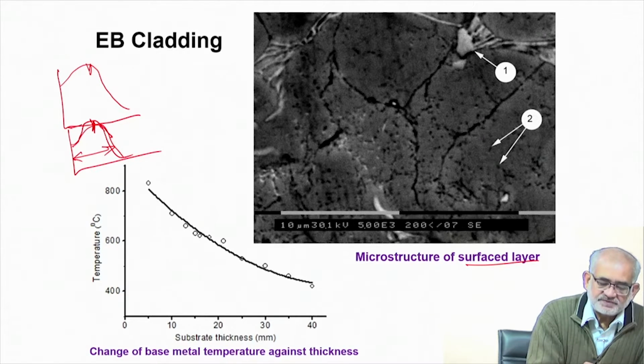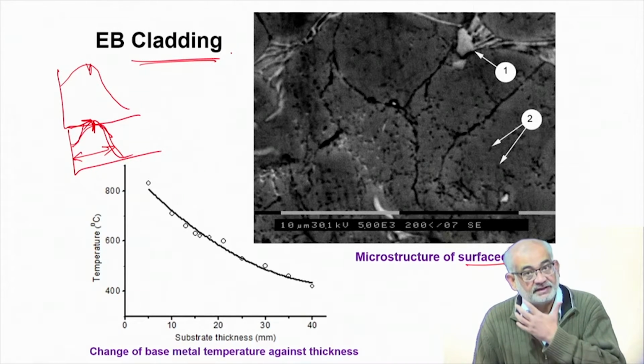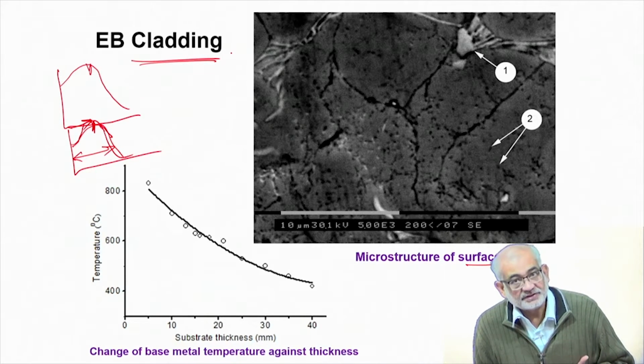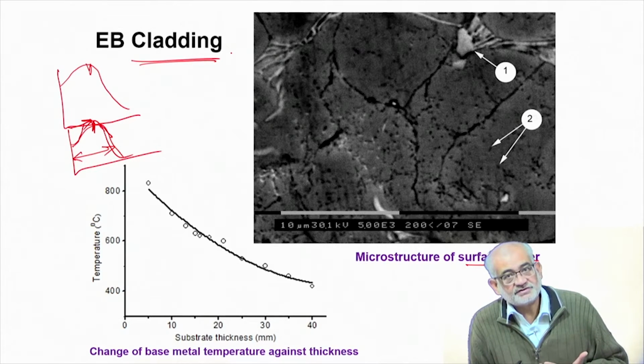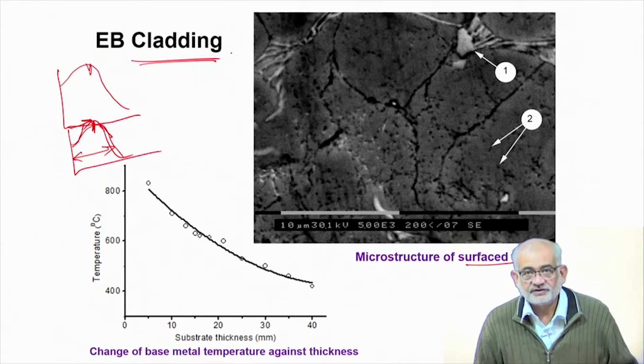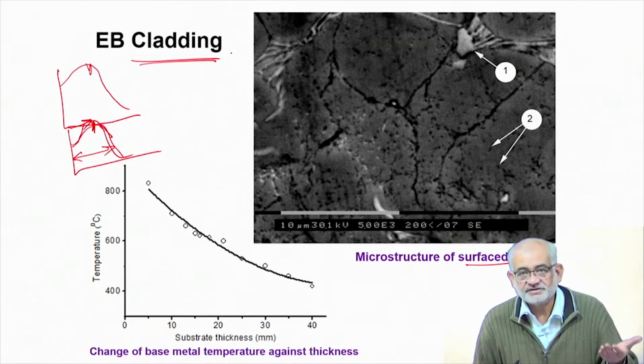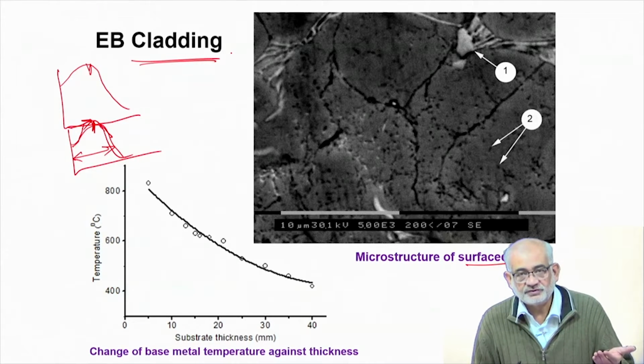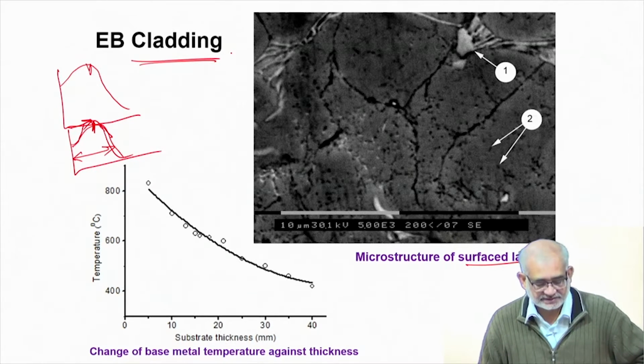But nevertheless, this peak is not too far below the surface. So if you are doing a cladding operation, then EB can be ideal. And it is also very ideal because if you are dealing with components which are very reactive, for example titanium or magnesium, which would easily react with oxygen present and then create oxidation.